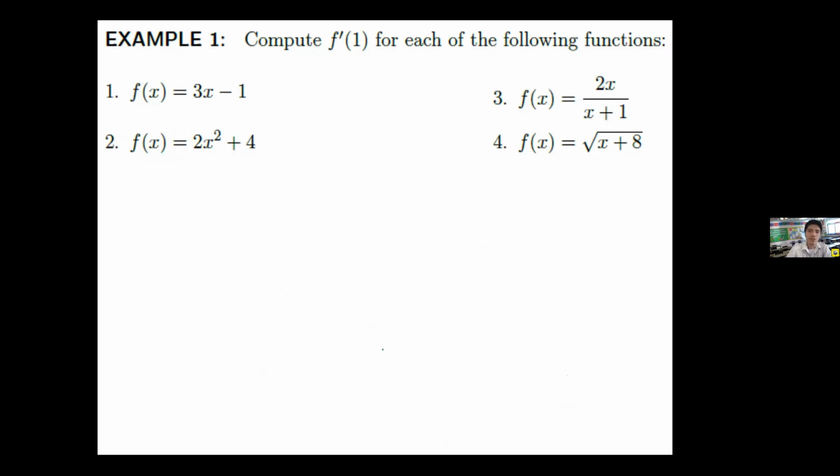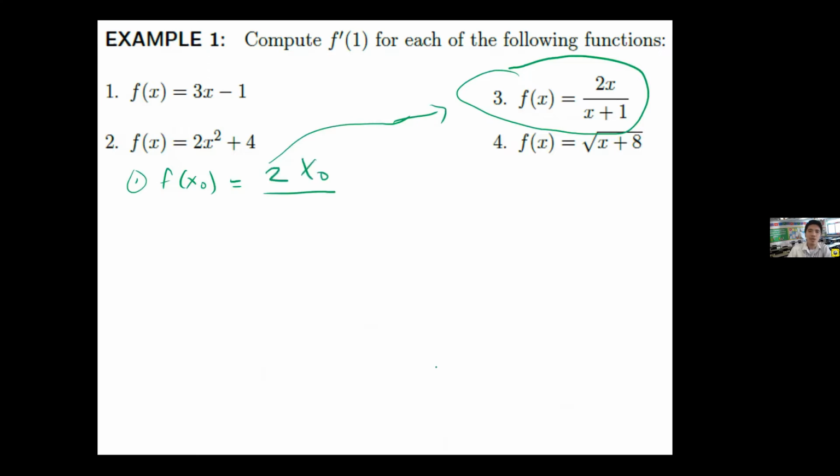Number 3. So, number 3 kani. Focus ta diri. For number 3, again, ang pinakauna nga step gyud is you try to solve for your f of x sub 0, which is diri ta magbase. Kana nga f of x sub 0, so 2 x sub 0 over x sub 0 plus 1. Ipulihan lang nato ning mga x diri og x sub 0.